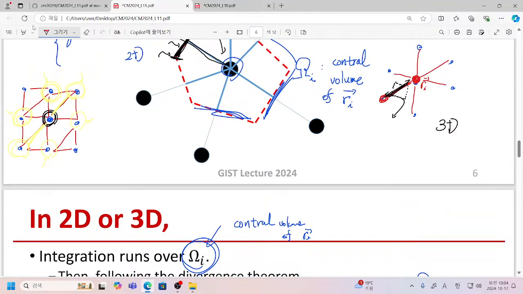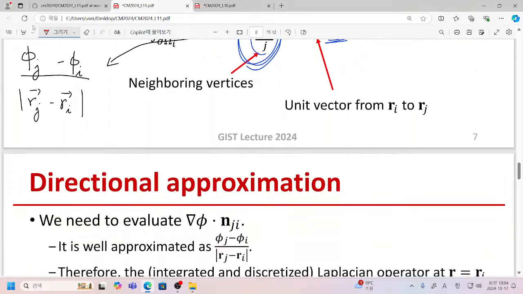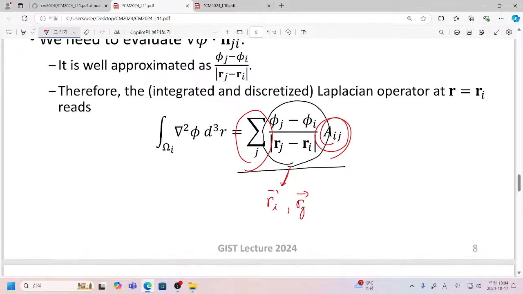For example, please try to apply our two-dimensional expression to this relatively simple structured case. Then you will find that it is not that difficult to understand, although it looks complicated.